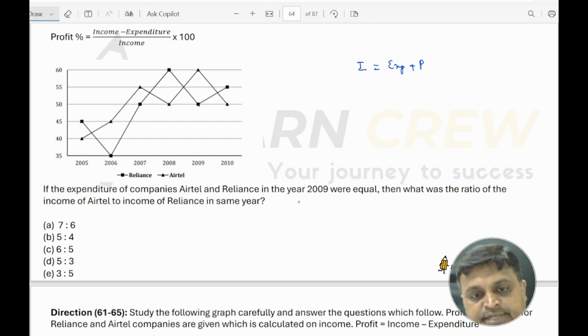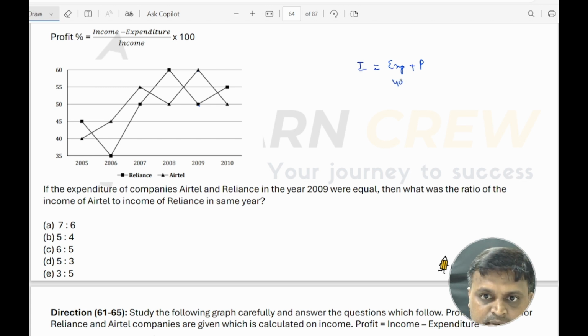If you see here, in the year 2009, Airtel profit is 60%. If profit is 60%, then expenditure would be 40%.